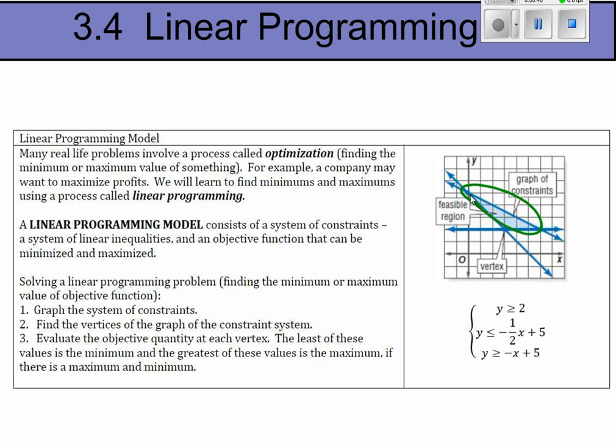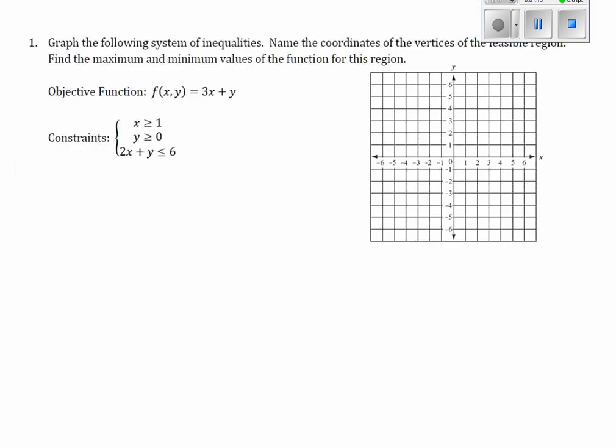And when you do that, points emerge. When you get those points, you want to put those values into an objective function and try to get the maximum or the minimum. So we're trying to figure out a feasible region, look at the vertices, and then figure out if we can maximize or minimize it.